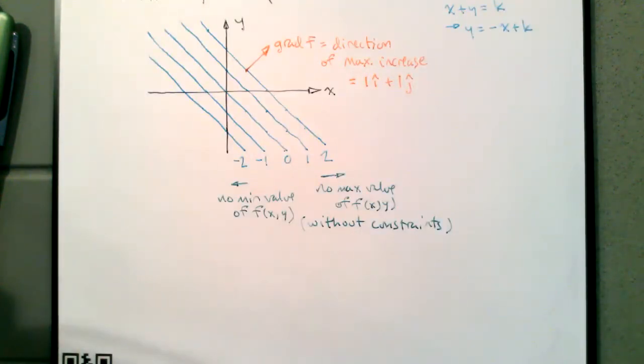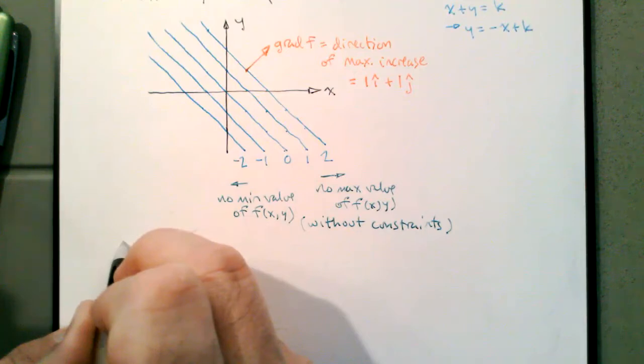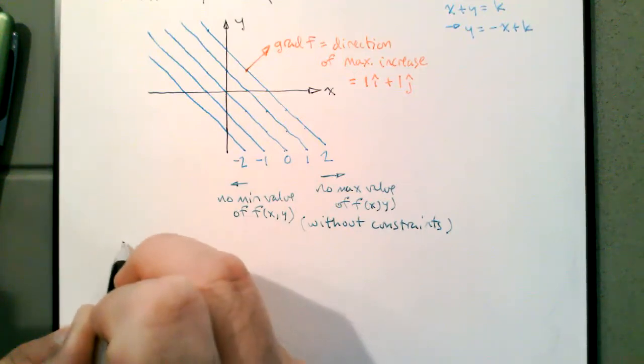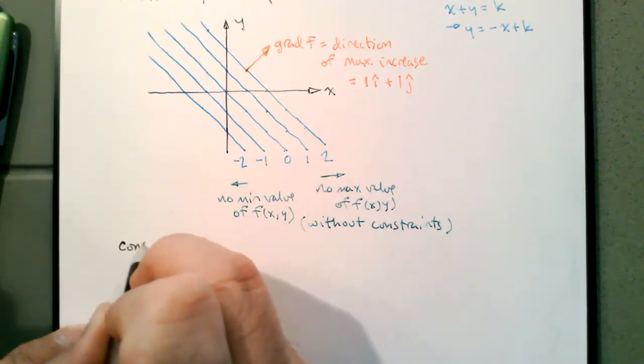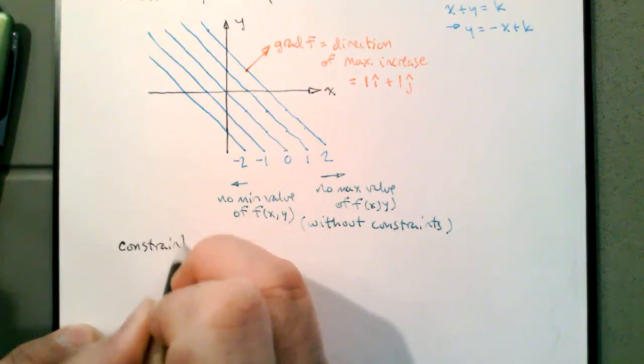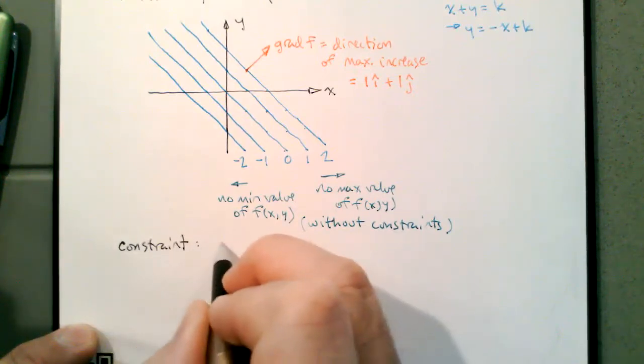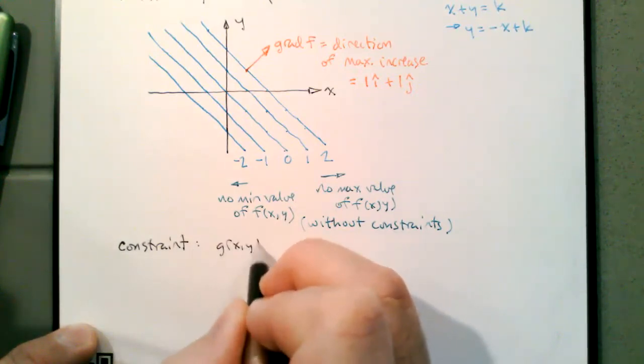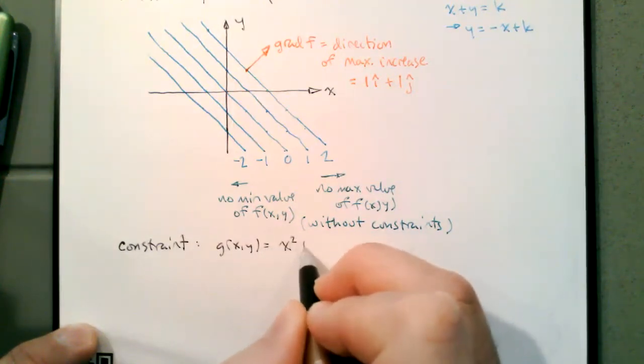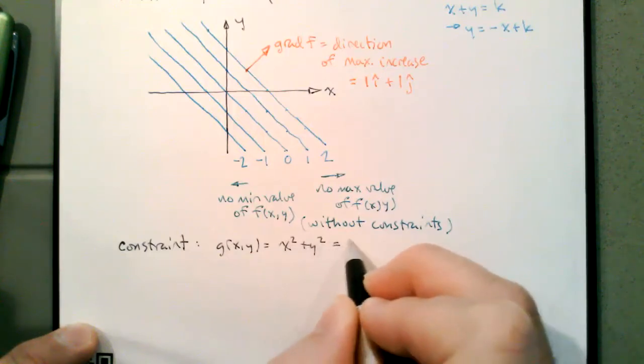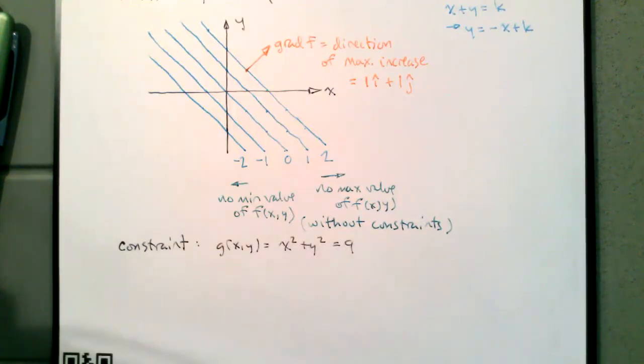So now if we add in the constraint, these are the only values of x and y we get to pick.